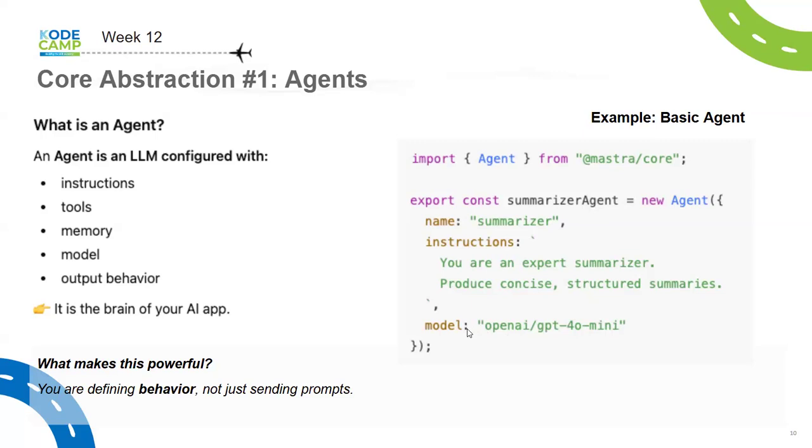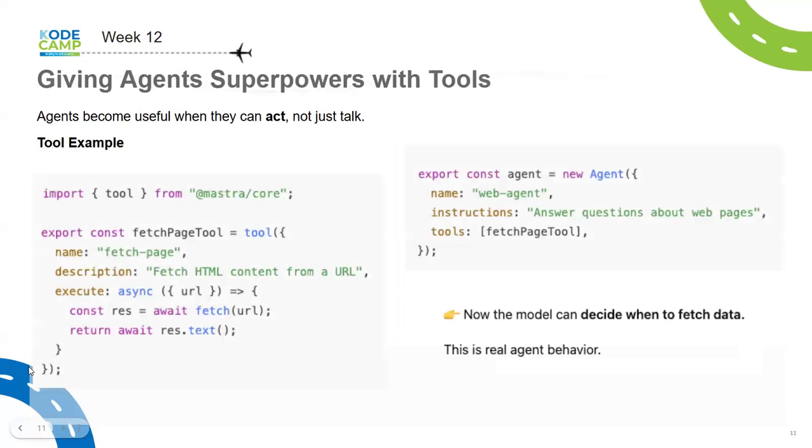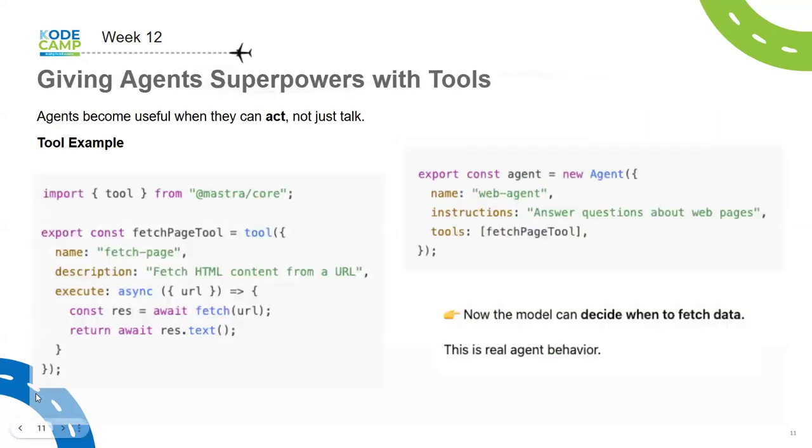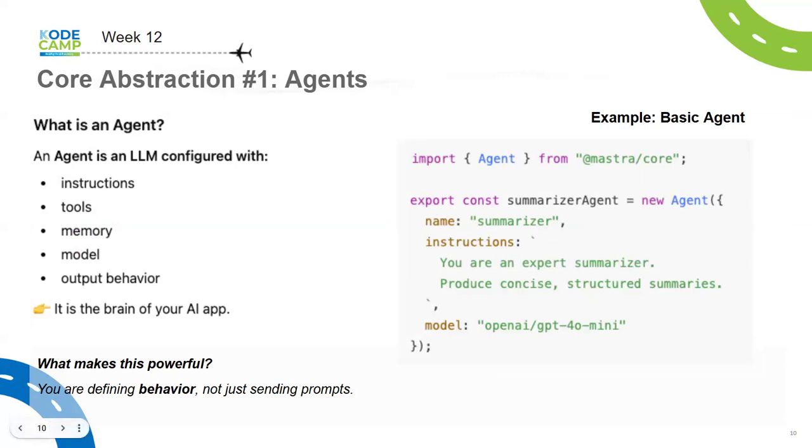Mastra does not need you to provide a provider separately. They have this routing approach where they use the forward slash to separate the elements.